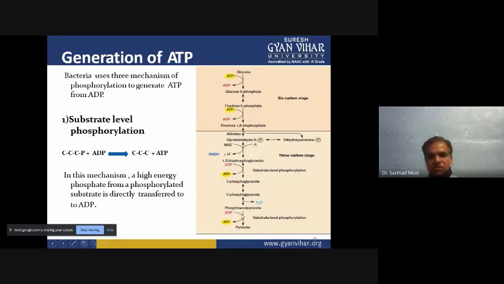Then again here, phosphoenolpyruvate is converting into pyruvate, and this also generates ATP. So ADP will convert into ATP. The substrate here is glucose, and the final product will be pyruvate. In between, many reactions are going on in the cytoplasm, and through these reactions ATP will be generated.